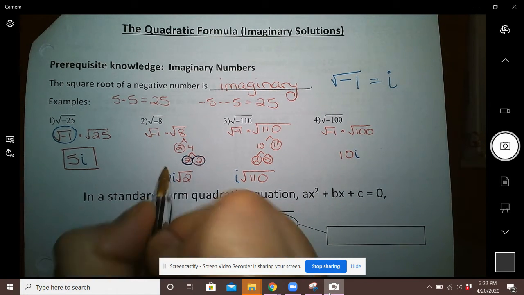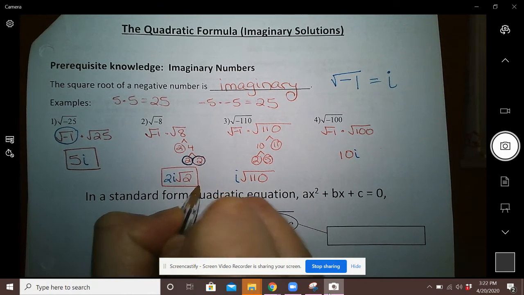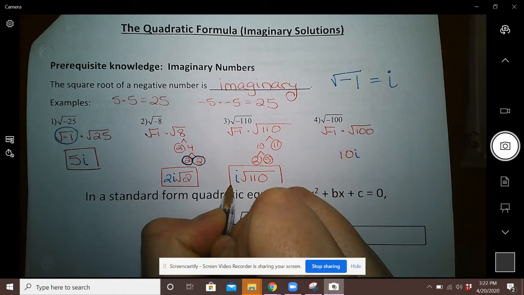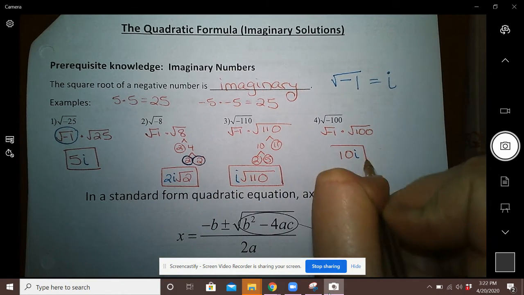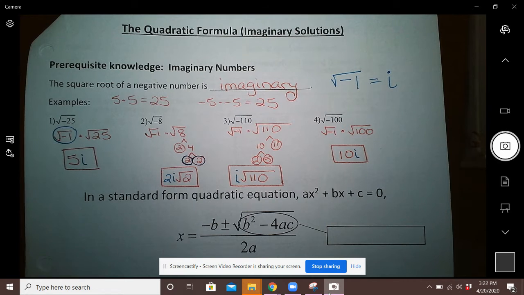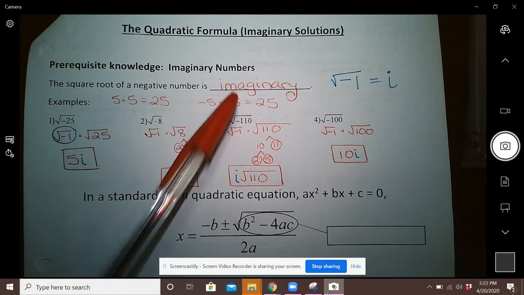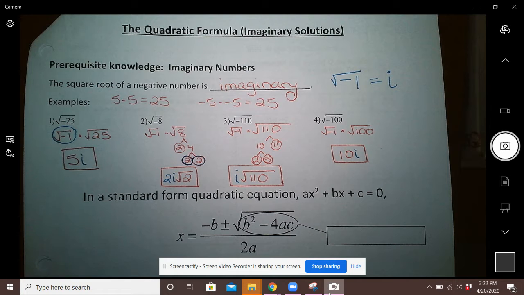So check out all these solutions. There's not much extra to learn here since we're just doing a brief introduction. What you need to know is that if you get a negative underneath your radical, you're going to have an imaginary solution. Now let's see what that looks like in our quadratic formula.